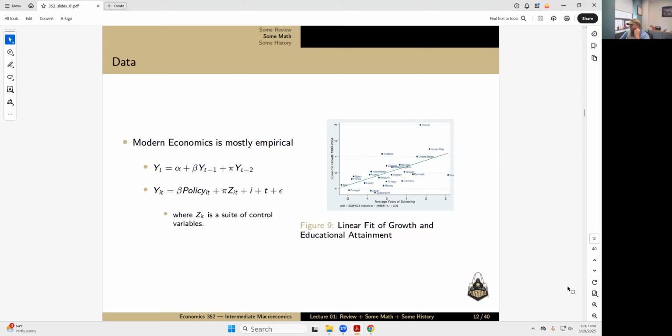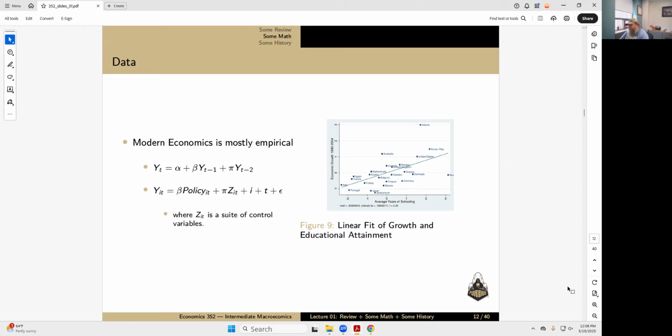Beyond the theory, I think the other important thing to keep in mind is that economics is nowadays extremely empirical. There's actually not a lot of new theory. I would say that economics is 80% empirical, maybe less than 20% theoretical. And what that means is that mostly what we do in economics nowadays is we use data to test theories. We use data to ask policy related questions.